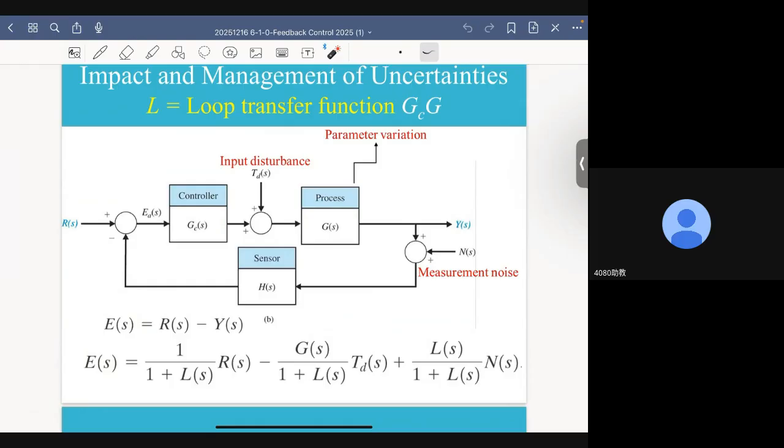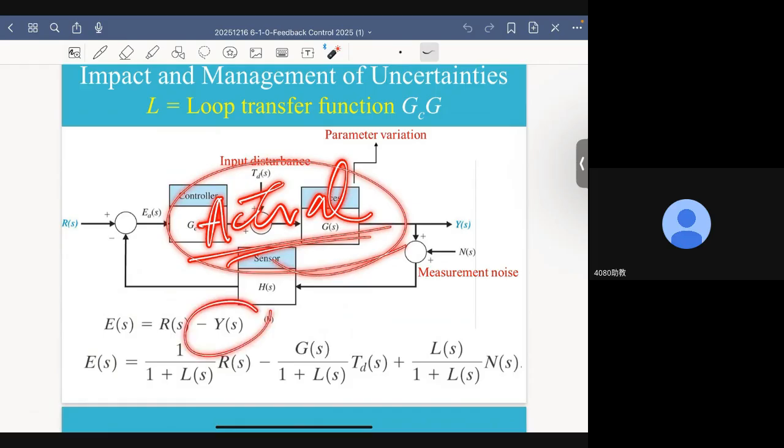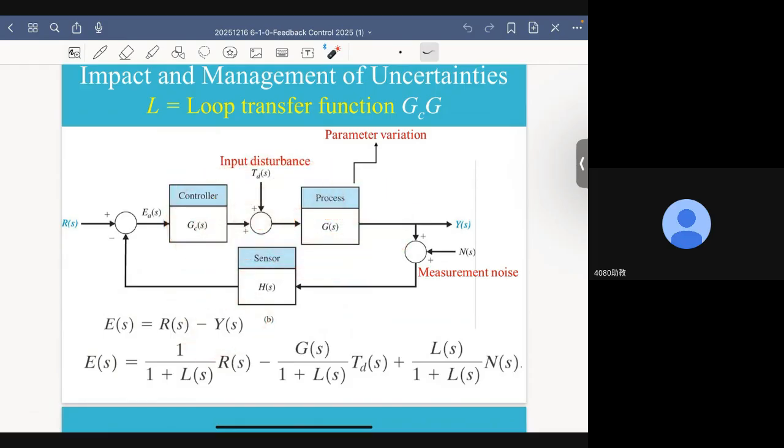We want Y to be as close to R as possible, since R represents the command, the target output, and Y, as I said many times, represents the actual output. So this represents the reality, and this represents the ideal goal. The ideal condition is most likely different from the real conditions.